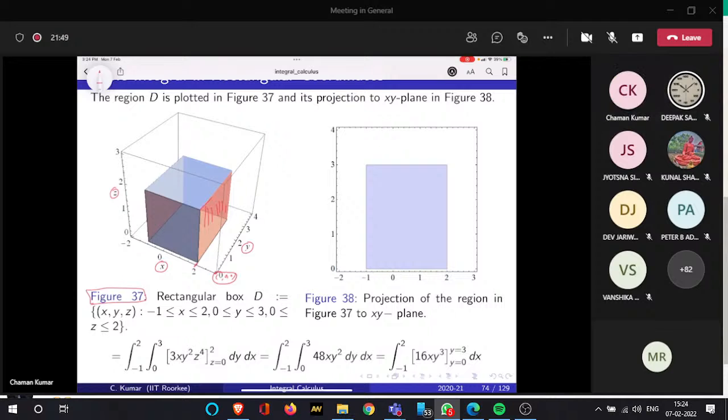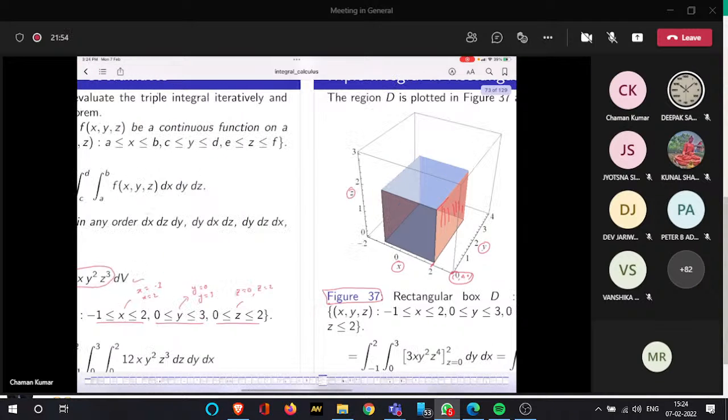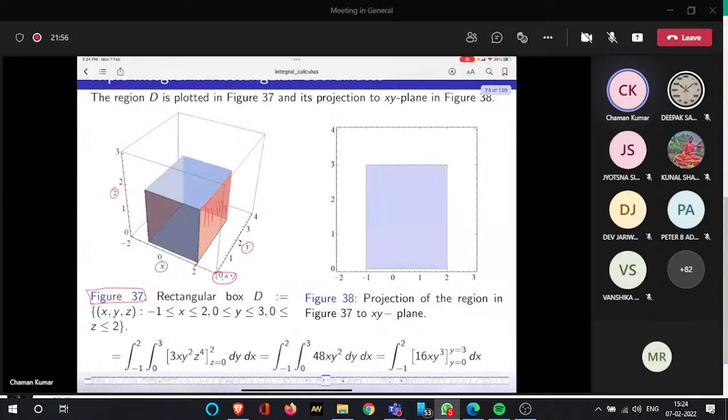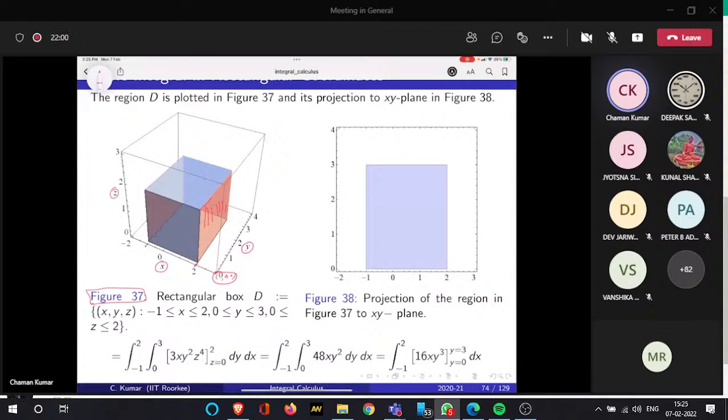Similarly, you have x is equal to -1. So x is equal to -1 is this one. So you see you have this inner plane, this little bit brown.